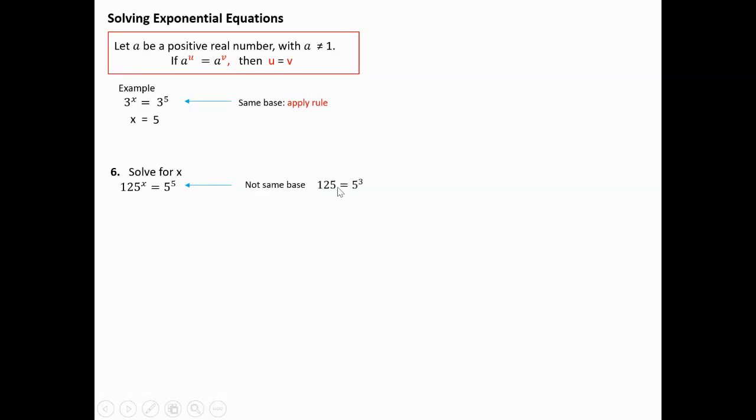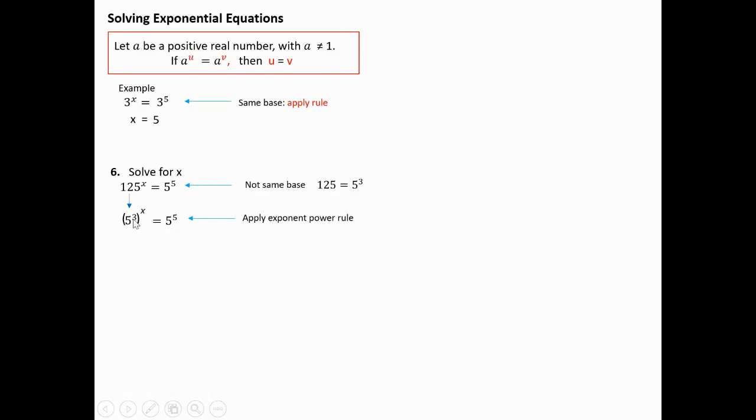So I know that 125 equals 5 cubed, right? Because 5 cubed is 5 times 5 times 5, which will give us 125. So I'm going to replace the 125 by 5 cubed, right? And then here we're going to apply the exponent power rule.